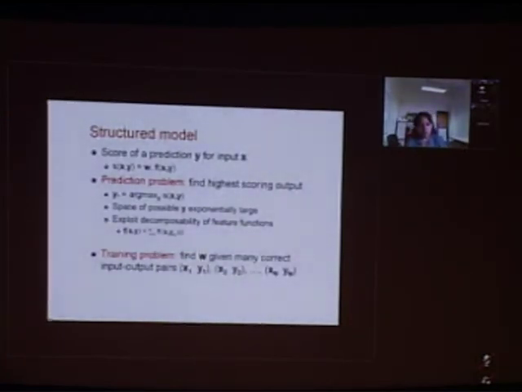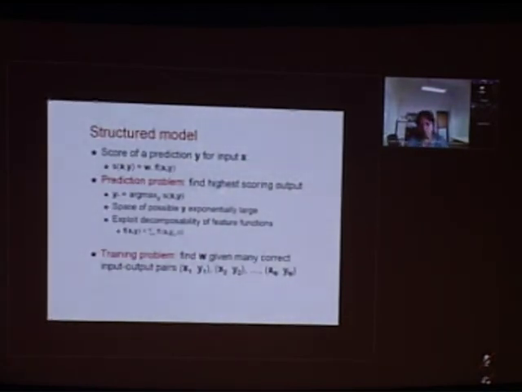So in order to use the framework of structured learning, you have to identify your space of possible Ys, and you have to define the feature function, and you have to make sure that the feature function decomposes, so that then you can use ideas from dynamic programming to solve this argmax problem efficiently.